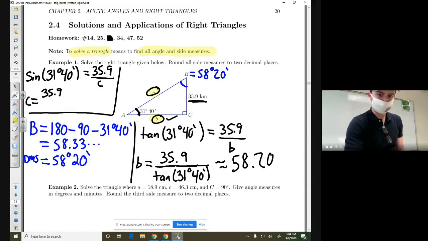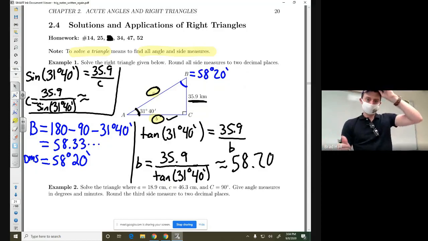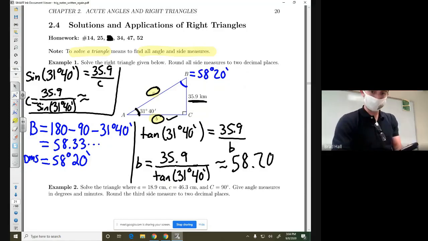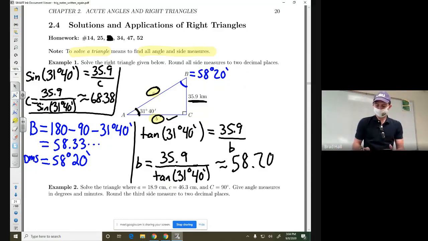Naturally, we can solve for C using some simple algebra. If you did all of that correctly, you should get 68.38. And now we have solved for every angle and every side.